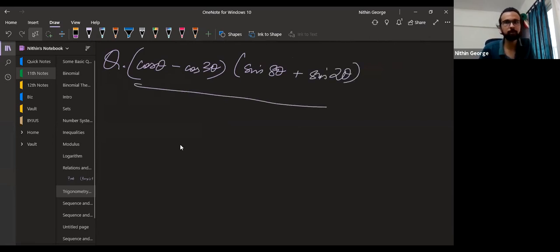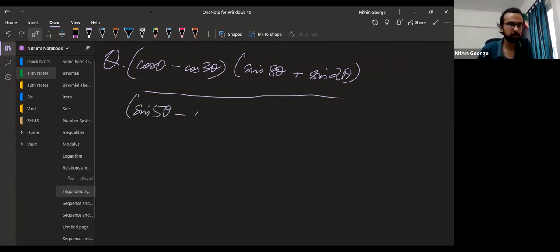Guys, forgive the handwriting, just do the problem quickly. Cos 4 theta minus cos theta is equal to 1.